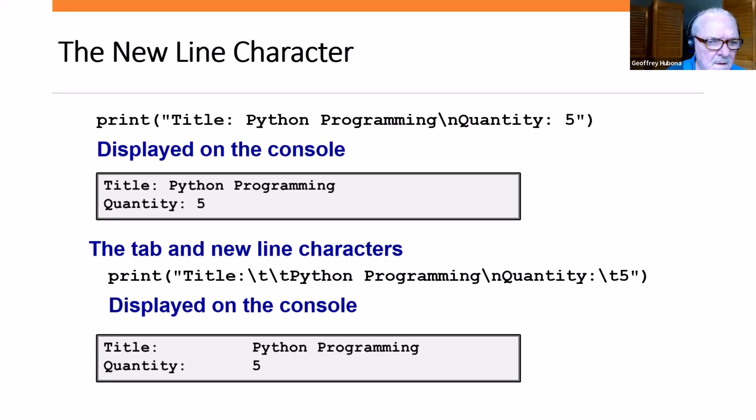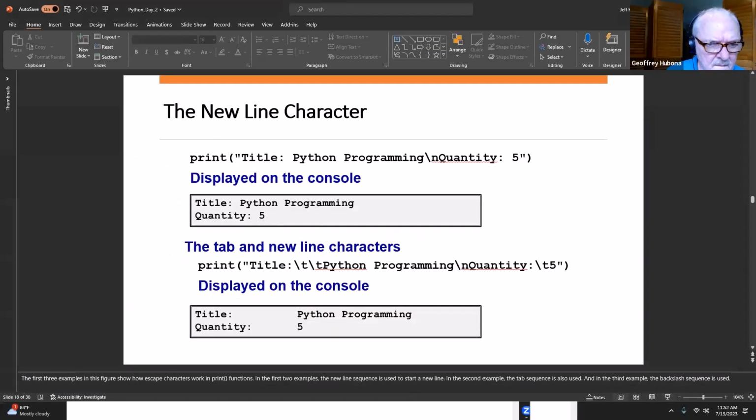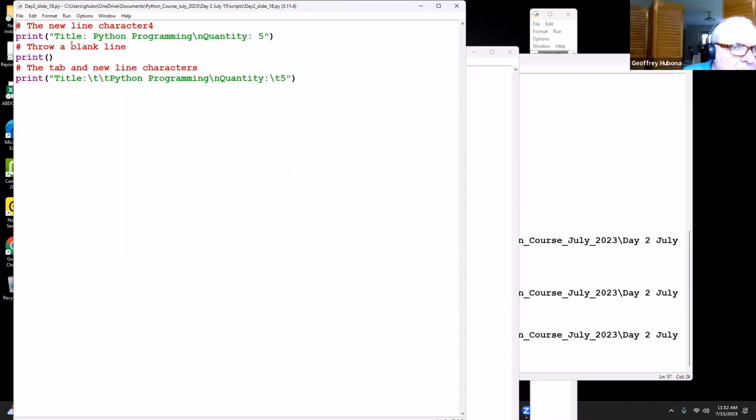Okay, so take a look at this. This is slide 18. Right, so here we have just a single string. Here's a new line escape character. Here we have a similar string, but we have a couple of tabs in here, and then a new line character on this side, and we have another tab here. So let's take a look.